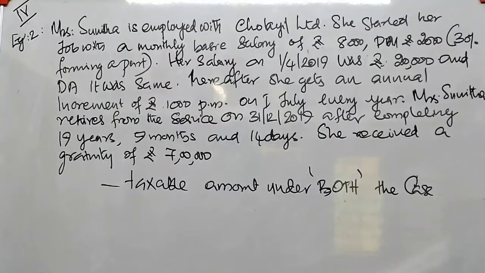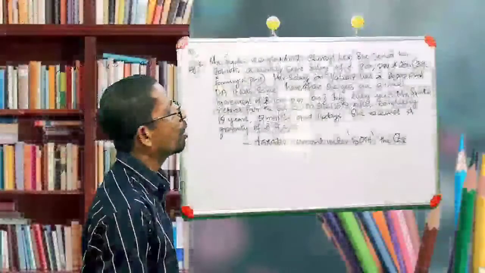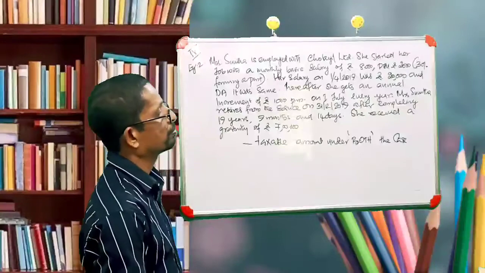Rupees 2,000 DA and 30% forming a part. Her salary as on 1/4/2019 was rupees 20,000 and DA was the same, that means 2,000. Thereafter she gets an annual increment of rupees 1,000 per month on 1st July every year.